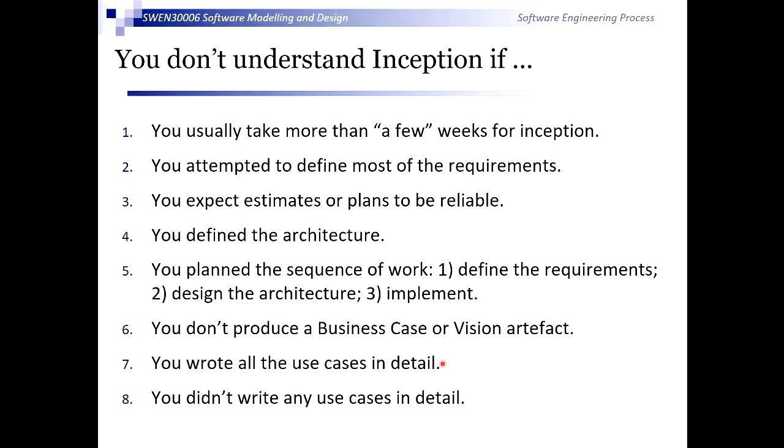You expect that use cases will change over time, so you've done a whole lot of work that you'll probably have to redo down the track as understanding changes, as the context of the project changes and so on. If you didn't write any of the use cases in detail, then you don't understand, because we're supposed to be trying to understand which are the critical and risky use cases at this stage. And if you haven't detailed them, how can you possibly know? So just a few guidelines, I guess, to follow there.